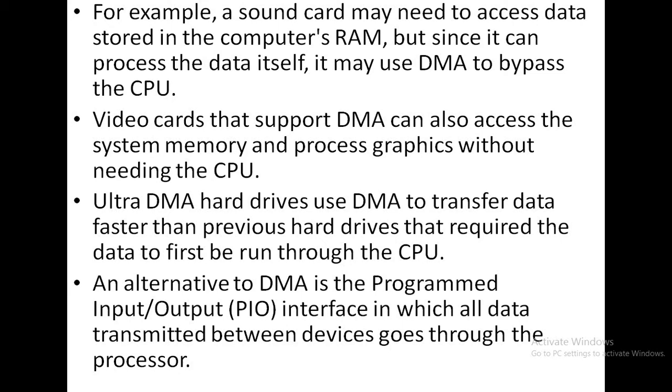That means the hard drives we used before were quite slow in processing, but after the use of the direct memory access mechanism, the hard drives we are now using in our computer systems work much faster than the older ones. Okay.